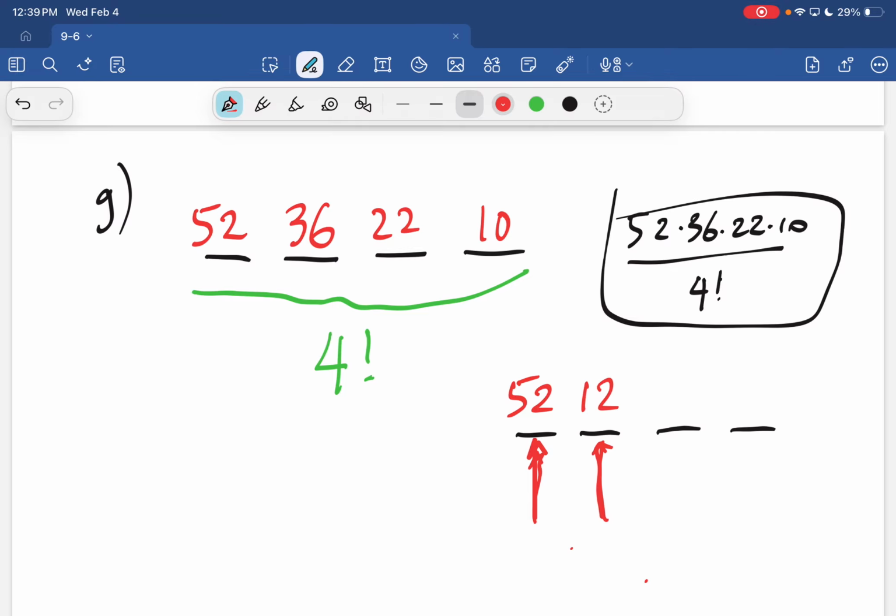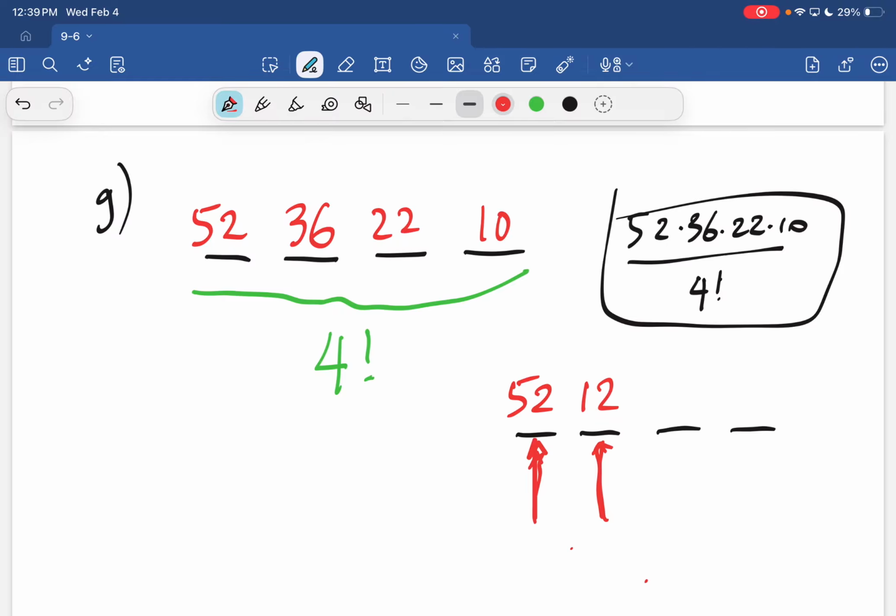I'm going to talk about how to do it and give you the answer. These three are overcounting. We say there's ace of spades, three of spades, five of spades.